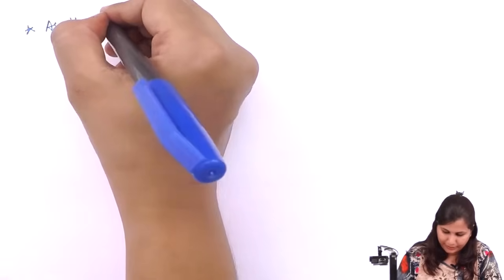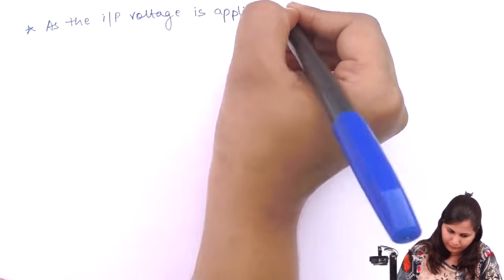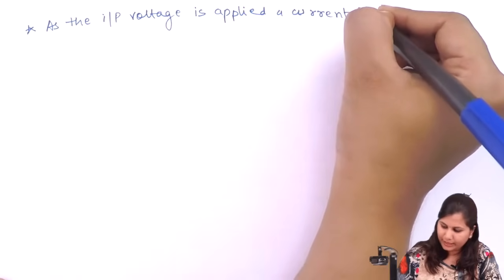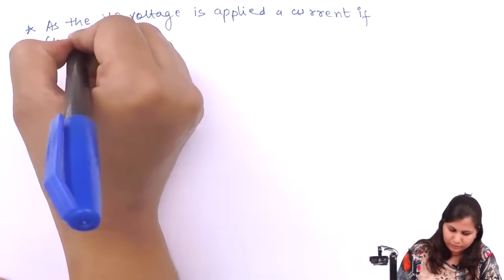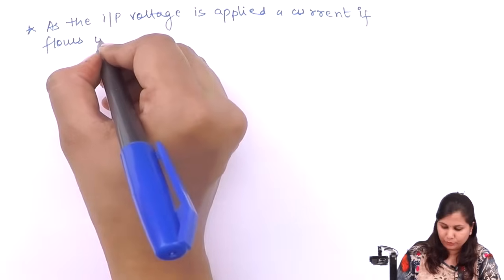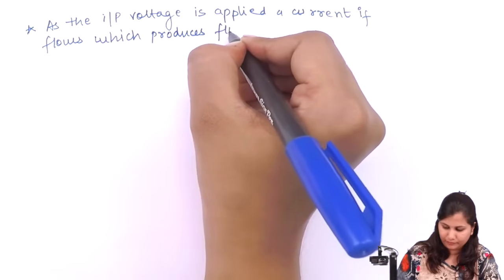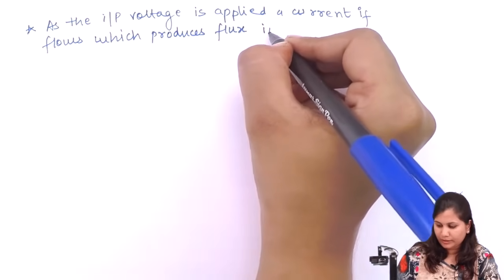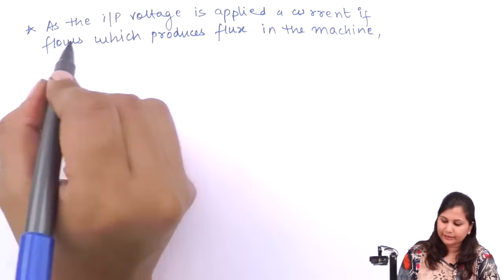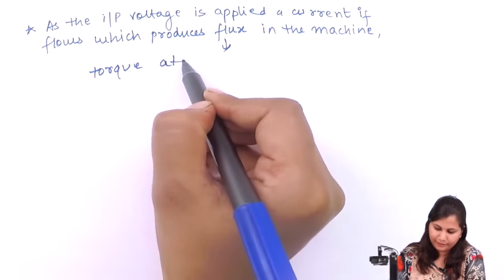Now as we have kept IA constant, as the input voltage VF is applied, a current IF flows through the field circuit, and this current will produce a flux in the machine, and this flux will produce the torque at the motor shaft.